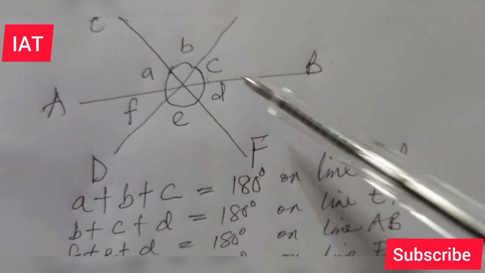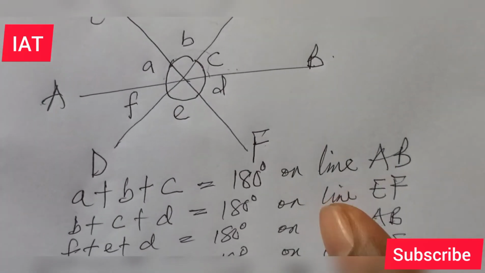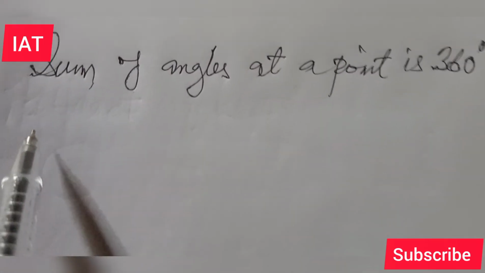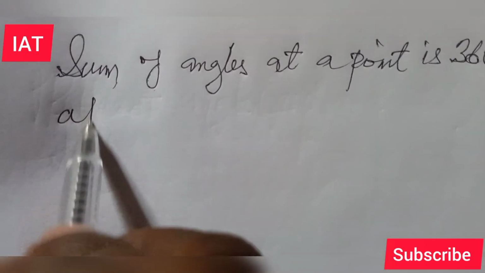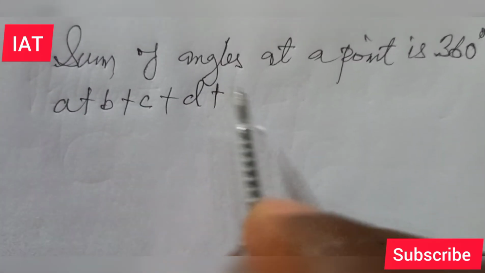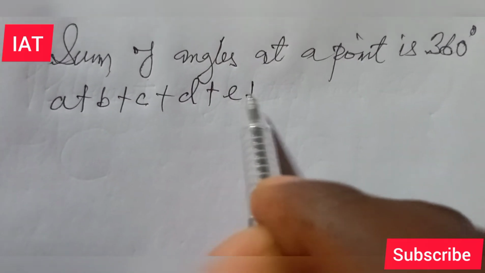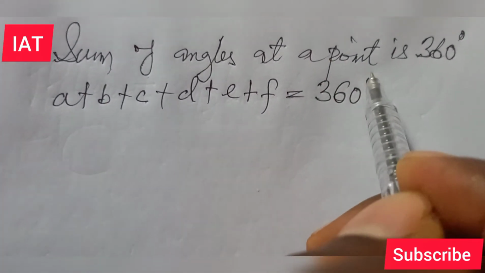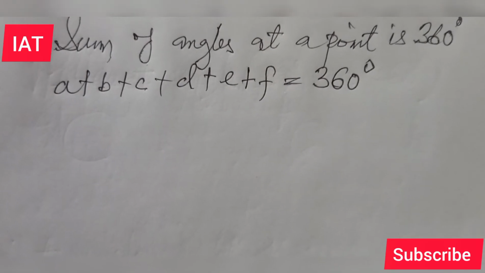The reason is angles at a point. All the angles that surround that point are equal to 360 degrees. So we can easily say from that figure A plus B plus C plus D plus E plus F is equal to 360 degrees. I think that is well articulated.